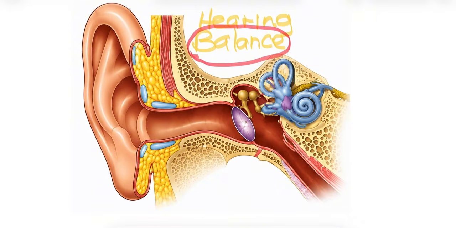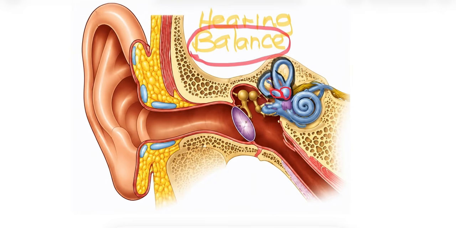We have these circular structures, which we call the semicircular canals. And we have this part at the bottom. The part at the bottom consists of these two swellings: this one, the sacculus, and this one, the utriculus.